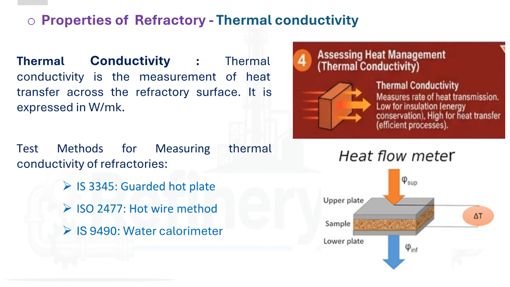From a practical perspective, dense refractories typically have thermal conductivity between 1 and 5 watts per meter Kelvin. Insulating refractories can be as low as 0.2 to 0.5 watts per meter Kelvin. And fiber-based insulation may be only 0.1 watts per meter Kelvin, or even lower.